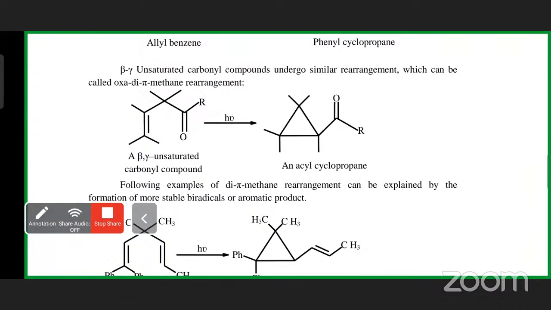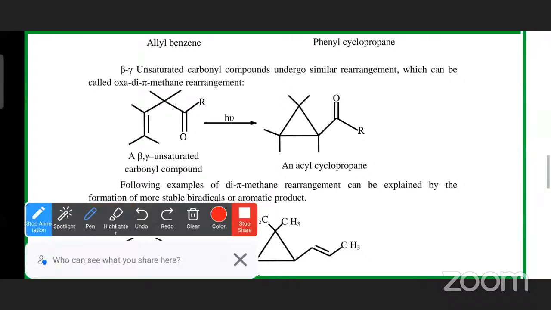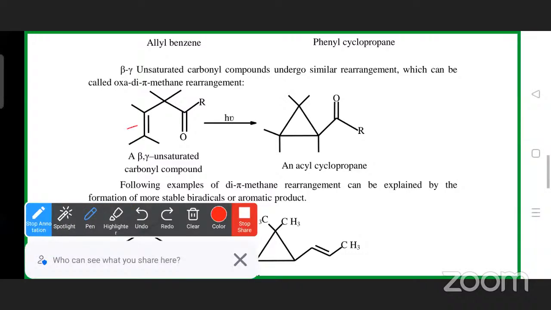Beta-gamma unsaturated carbonyl compounds also undergo this kind of di-pi-methane rearrangement, but it is called the oxa-di-pi-methane rearrangement reaction. Here also you can find the diene, but the oxygen is also involved in this rearrangement.